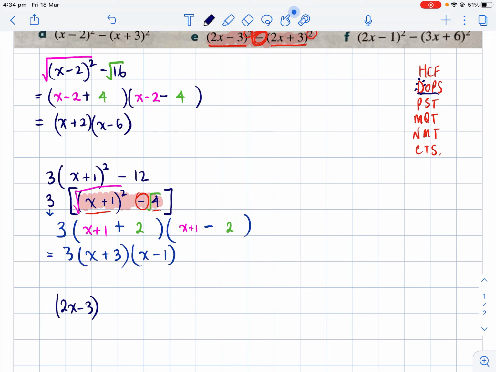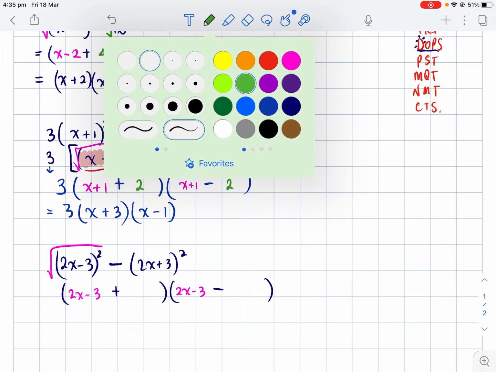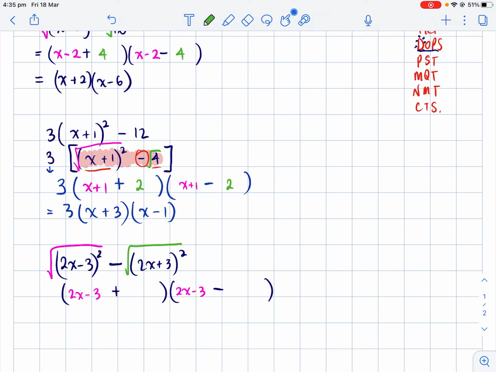So (2x minus 3) squared minus (2x plus 3) squared. We're going to have 2 brackets, one with a plus, one with a minus. Keep my colour coding going here. I take the square root of the first one, it goes in the first slot. I take the square root of the second part, it goes in the second slot.